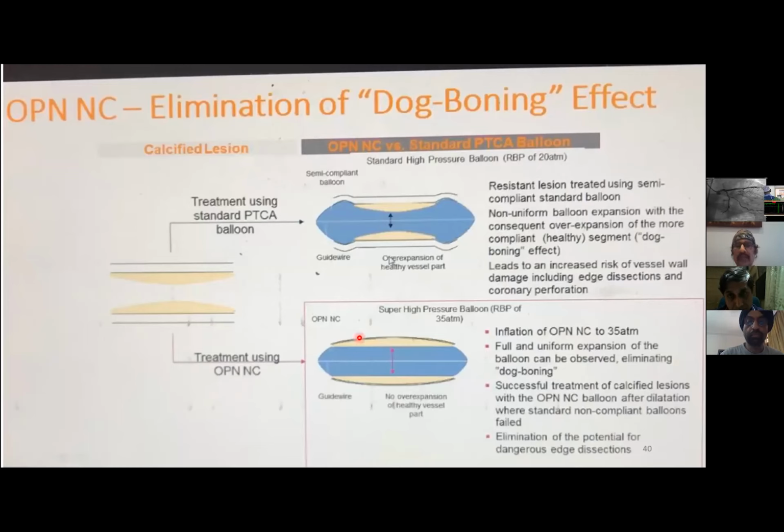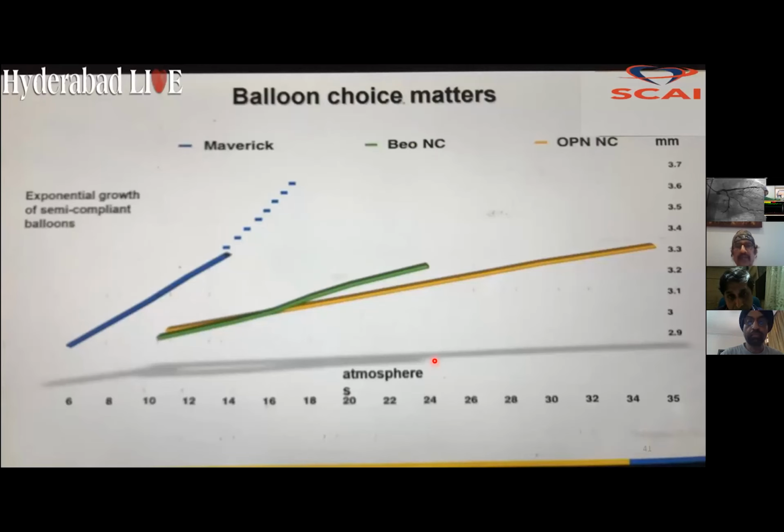So the expansion is very uniform throughout. Possibility of rupture is not there. This is how the regular balloons expand. If you start going on higher pressures beyond 10 and 12, they expand in diameter.